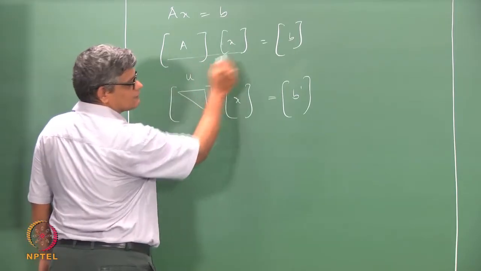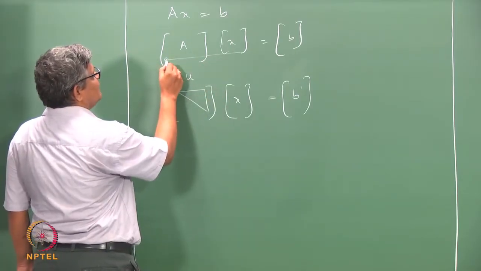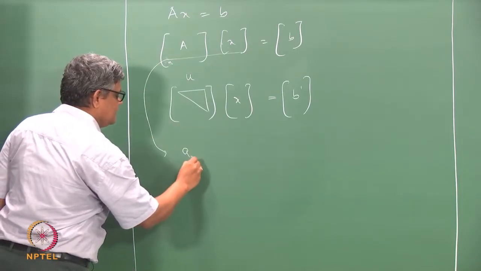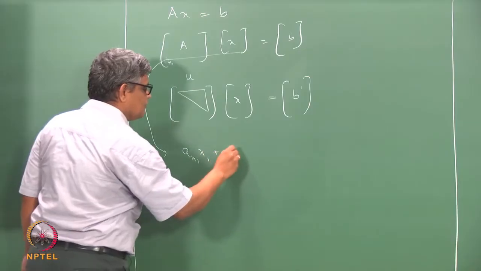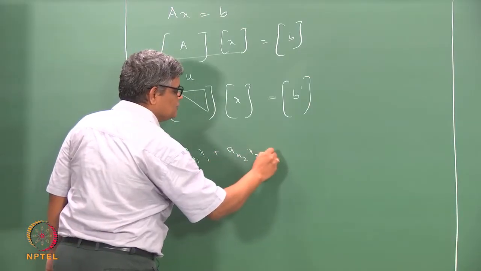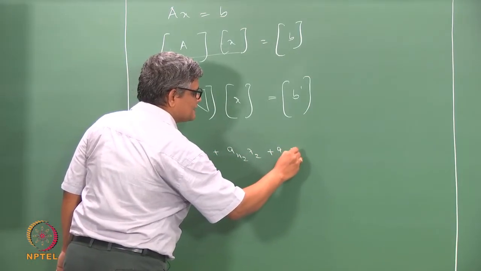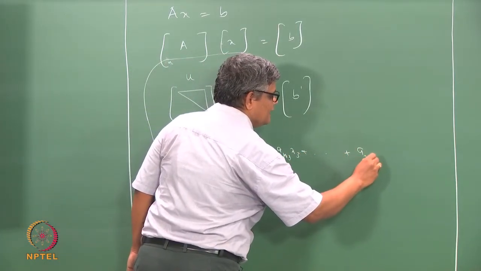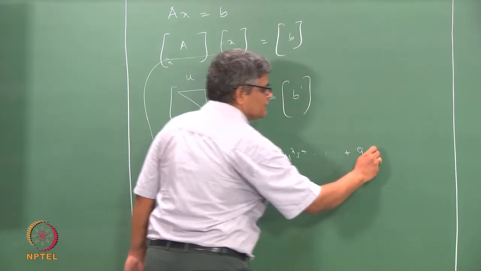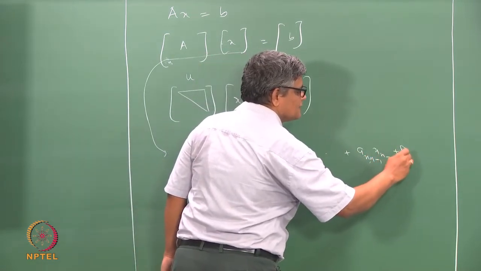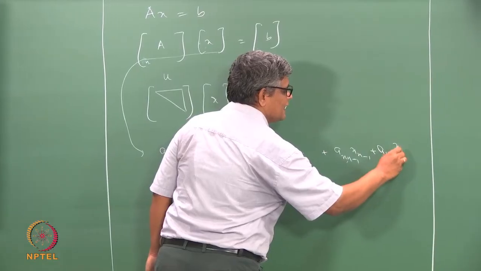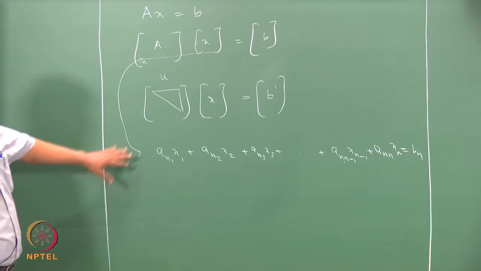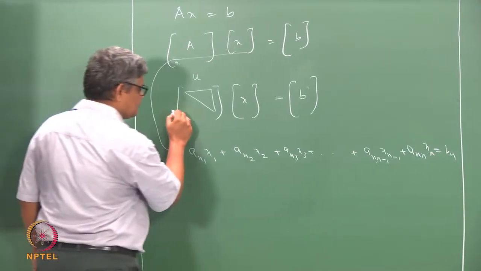the last equation here is a n1 x1 plus a n2 x2 plus a n3 x3 plus a nn minus 1 x n minus 1 plus a nn x n equal to b n. So this is rewritten in this modified form.